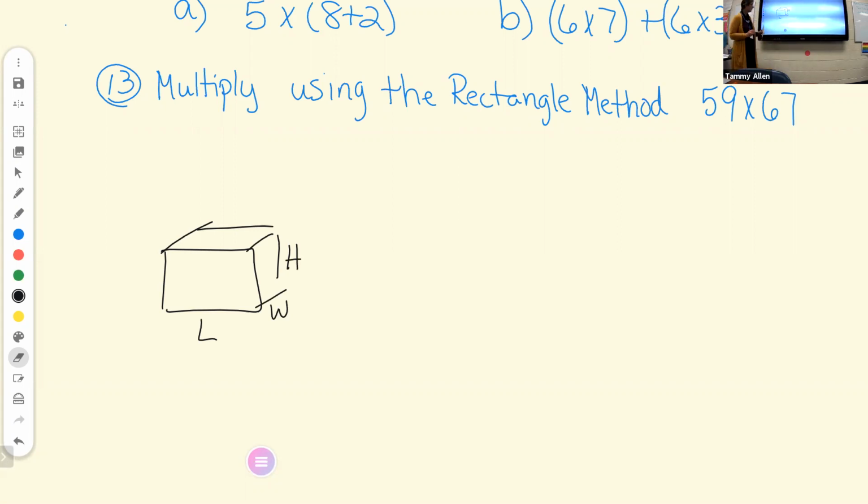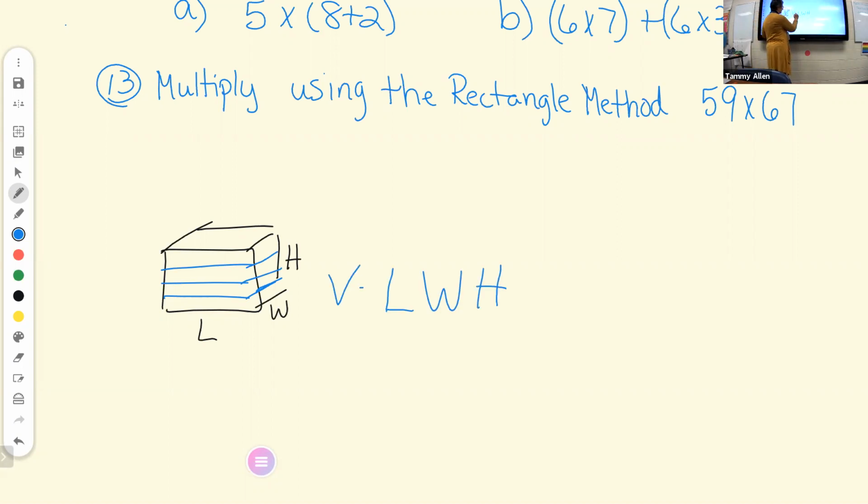To find volume, we look at the layer that fills the first layer, and then how many layers we have, which is the height. So volume equals length times width times height. You're going to want to write these steps down.